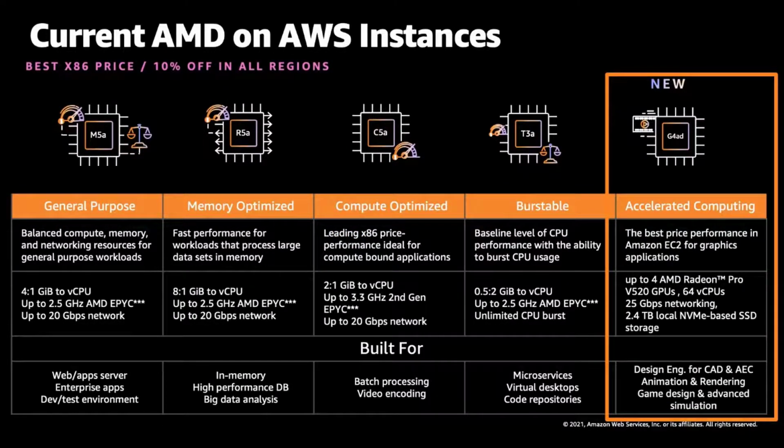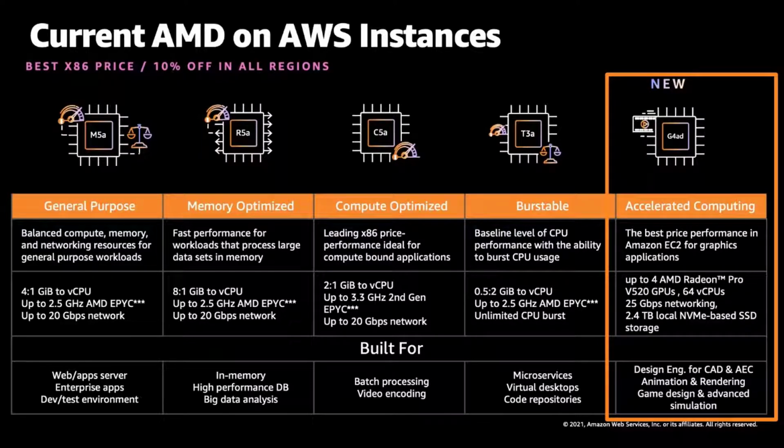Here's an overview of each of the AMD-based instances. Starting with our general purpose instances, which offer 4:1 memory to vCPU ratio using a 2.5 gigahertz clocked AMD processor. The memory optimized R5a instances offer an 8:1 memory to vCPU ratio and operate at the same clock speed as M5a.